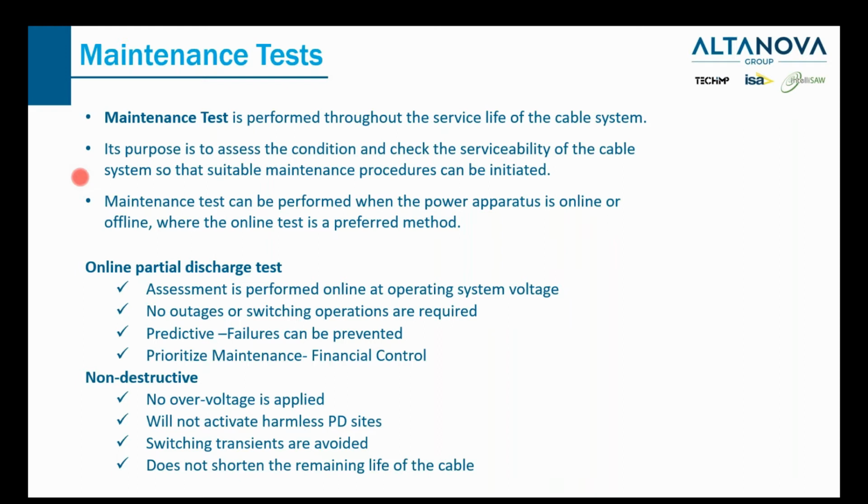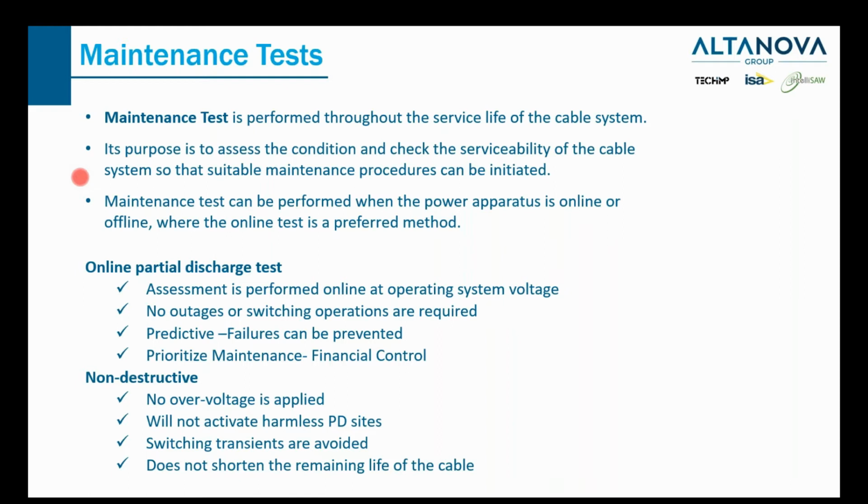And in the maintenance test, probably we want to limit it under two times the operating voltage. Most of the time, it will be 1.5 to 1.8 times the operating voltage for the maintenance test. Again, the operational procedure will be the same. The data interpretation will be the same.